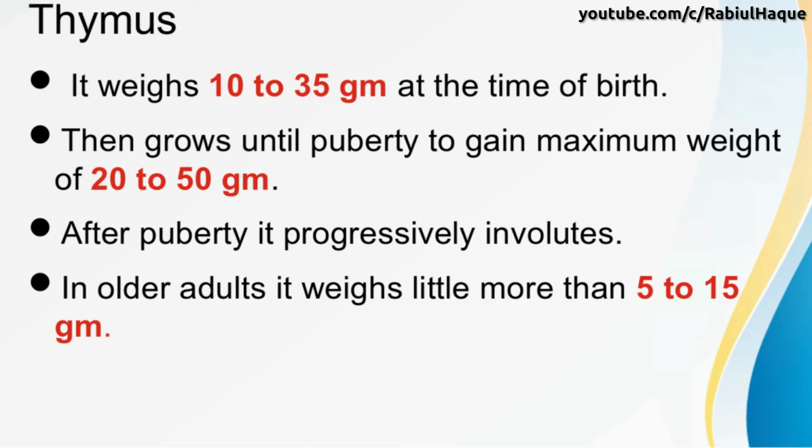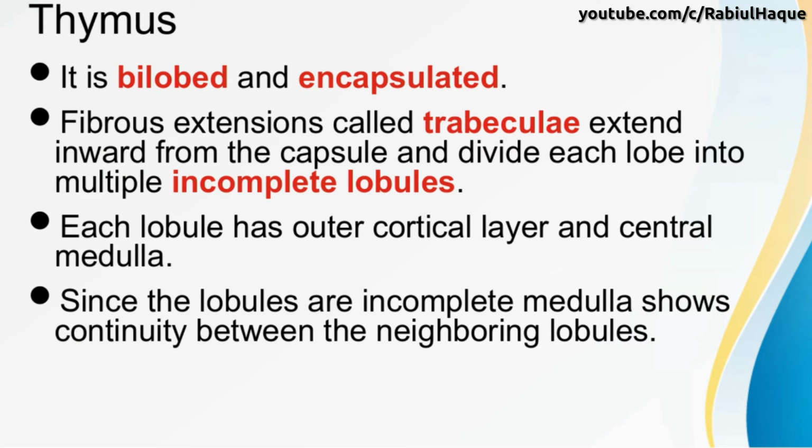Then it grows until puberty to gain a maximum weight of 20 to 50 grams. After puberty, it progressively involutes, and so in older adults, it weighs little more than 5 to 15 grams. Now, the thymus is bilobed and encapsulated, and fibrous extensions called trabeculae extend inwards from the capsule, and they divide each lobe into multiple incomplete lobules.